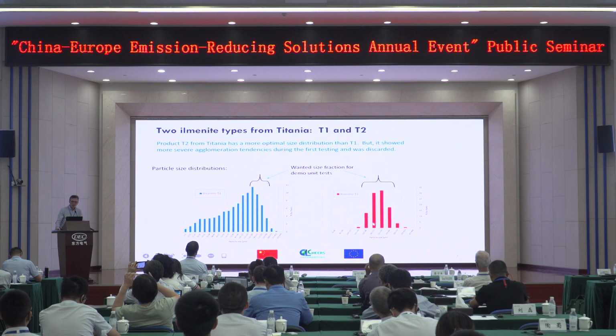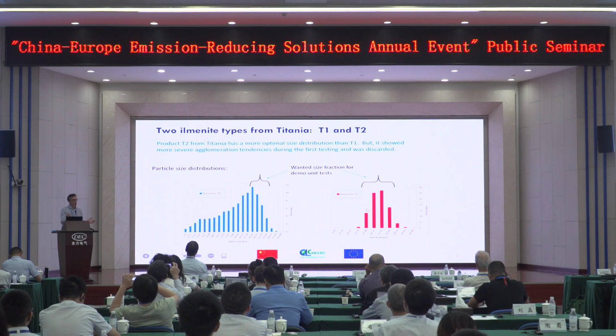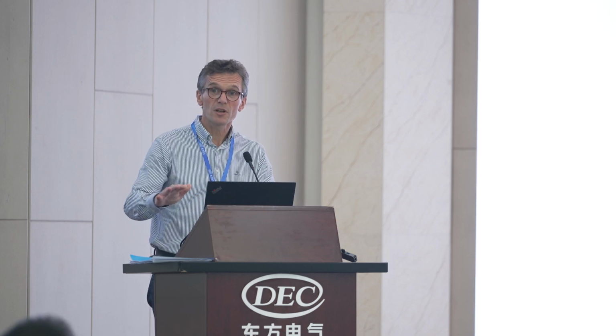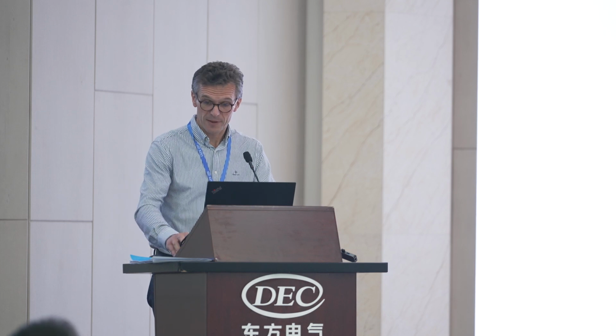And when we look at the wanted size fractions for the demo unit, we see that for the T2 we can utilize almost a whole batch, whereas in the T1 we can utilize just a small share, and we get a lot of waste material. So we would very much like to go for this T2, if we could, but we had some severe agglomeration issues during the first testing, and it was originally discarded as a candidate.